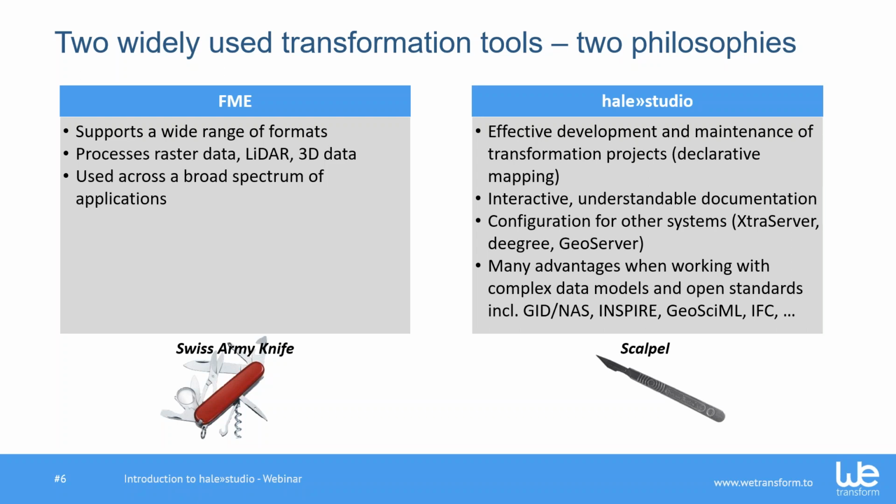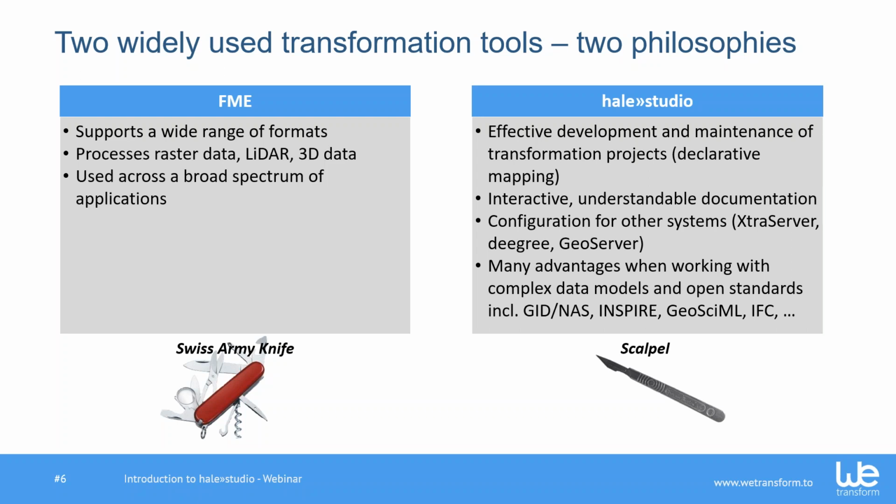Whereas Hale Studio is much more focused on the purpose for transforming data and specifically to open standards like Inspire and others. And it has a philosophy of declarative mapping, which allows you to quickly find mapping solutions. This is very important for more complex data, which really helps users to take advantage from this assisted approach. And you don't need to know that much in advance by using it effectively.